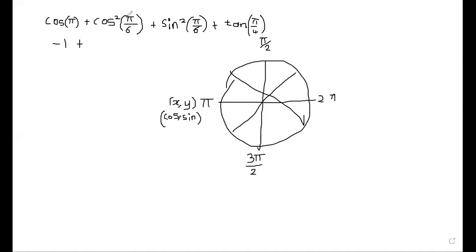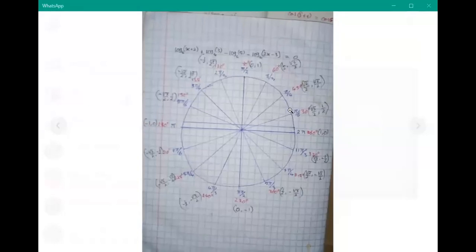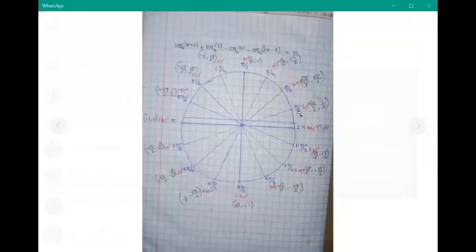Now pi over 6, it's cosine squared. So the cosine of pi over 6, we must square it. So the x value at pi over 6. Where is pi over 6? Here is pi over 6.